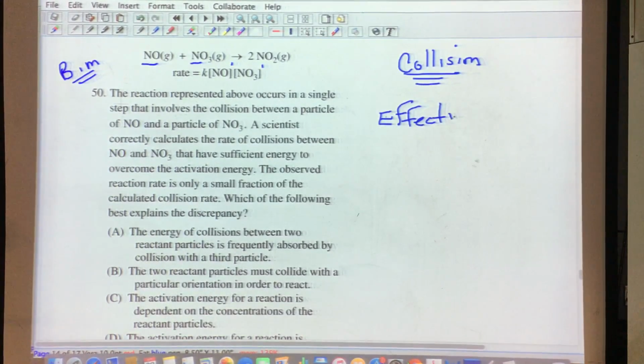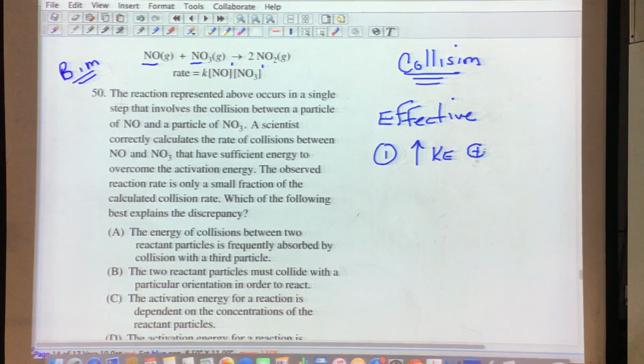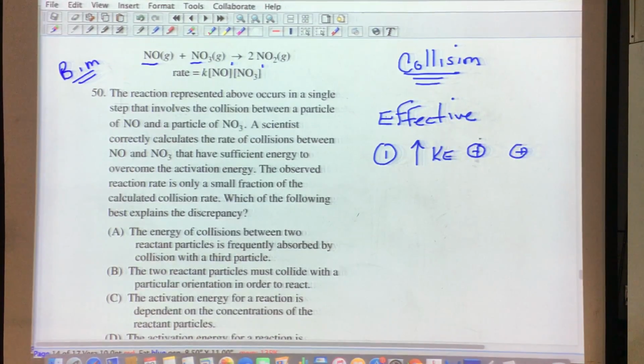What's an effective collision? The first priority is you have to have high kinetic energy, which means high energy has to be given so that the colliding molecules overcome their repulsive forces, which is the cloud of electrons. This is activation energy. You must have high enough energy to slam to either break bonds or create them.